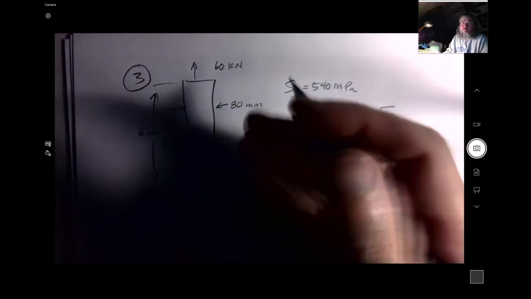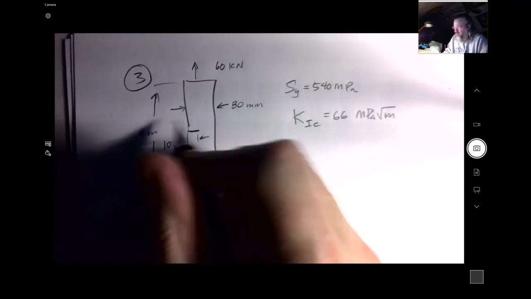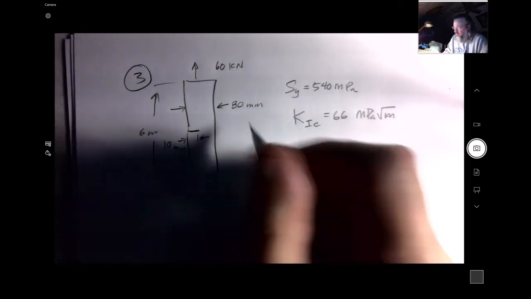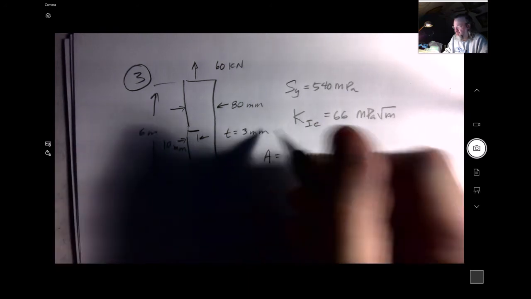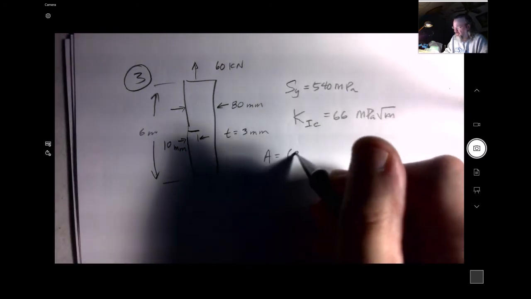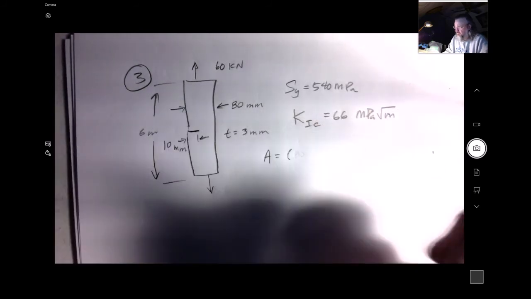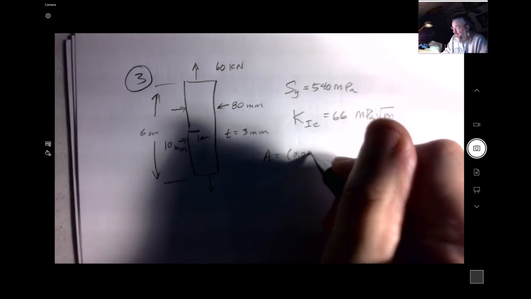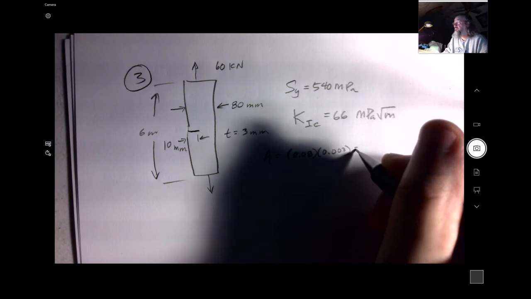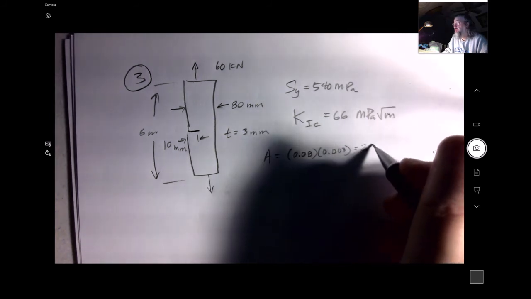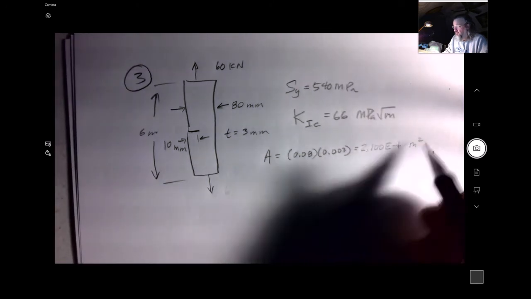I don't think so. All right, so before it does anything, it's going to have a full cross-sectional area of, let's see, I wrote the thickness down as 3 millimeters. So its cross-section is going to be 80 millimeters, let me go to meters, so 0.08 times 0.003, which is 2.4e-4 meters squared.